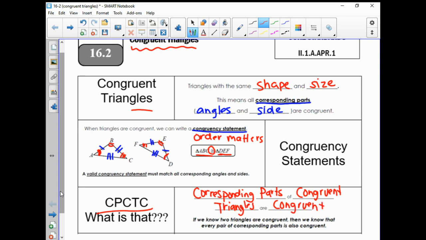Okay, so basically what this means is if we know that two triangles are congruent, then we know which angles are congruent to which angles and which sides are congruent to which sides. Let's go ahead and show you how this works.